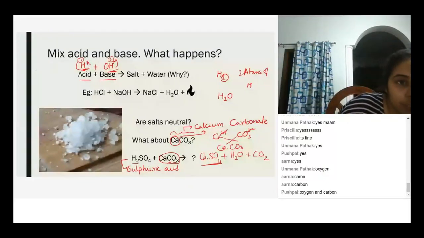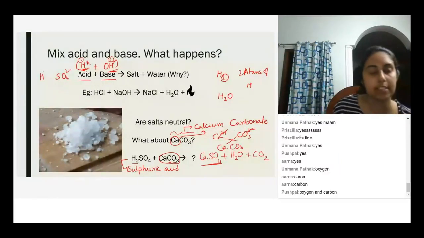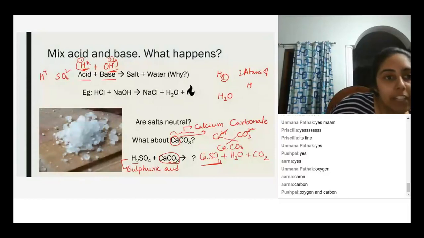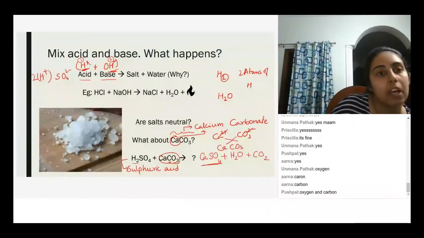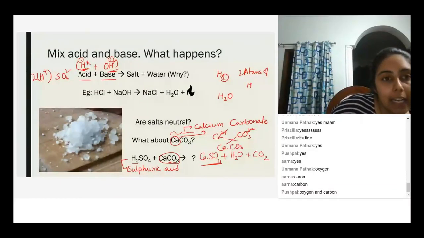H2SO4 is actually SO4 2 minus ion, and we know that H plus ions exist. But in this case, we have two H plus ions. So instead of this 2, I'm just going to write H plus and SO4 2 minus.